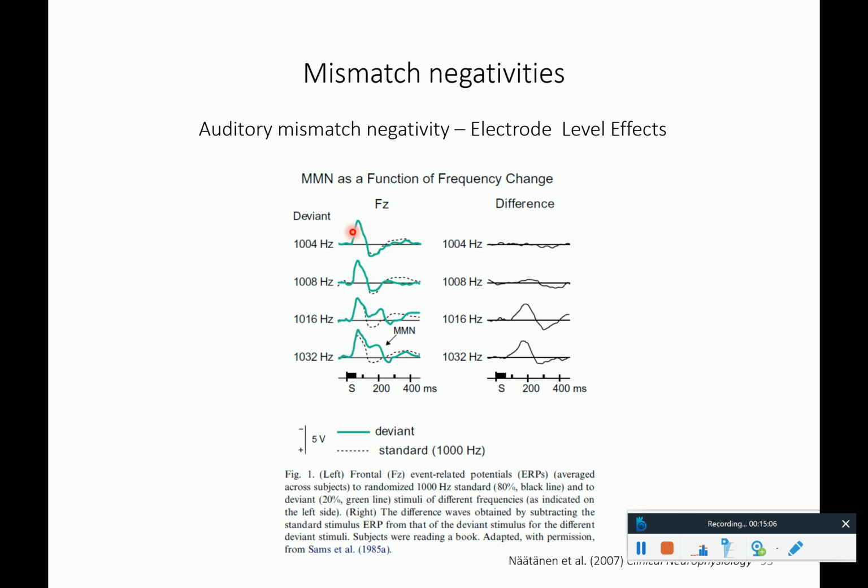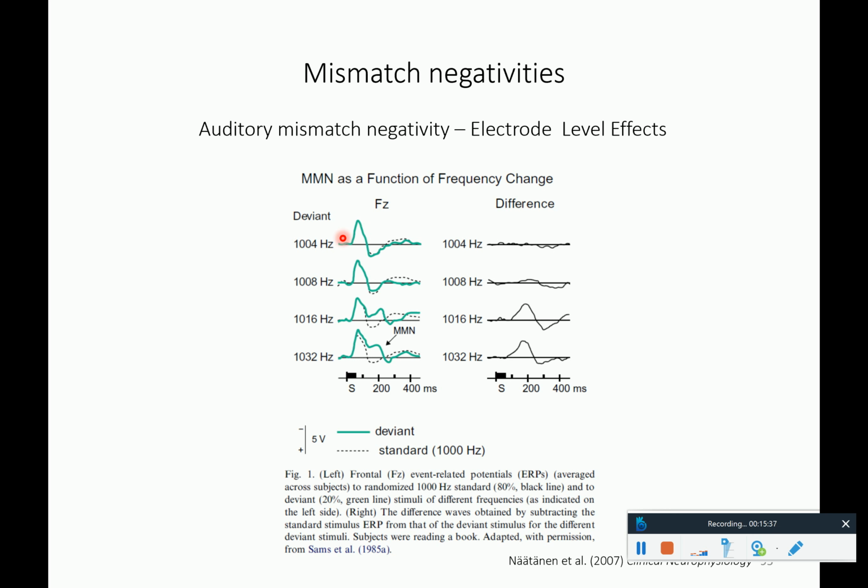So the story is here that there are 80% 1000 Hertz tones presented to participants, and what is shown here is the peristimulus activity of electrode FZ, so it's a central electrode.